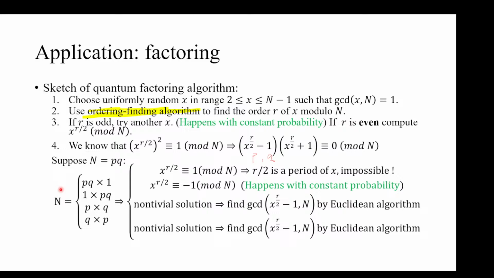So we draw a random x and we find the order, and then once we find an even order, we can get this square root of x, and then we try to find a common factor between that and n. And if we are lucky, then we have a non-trivial factor.